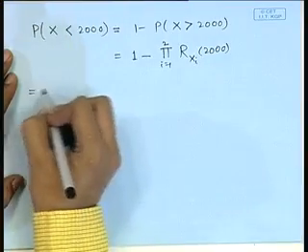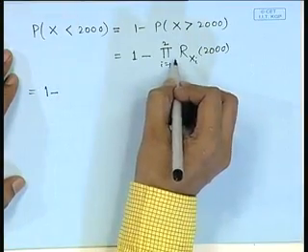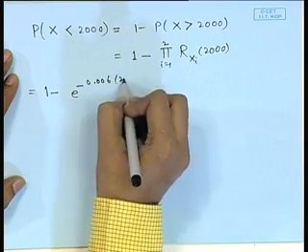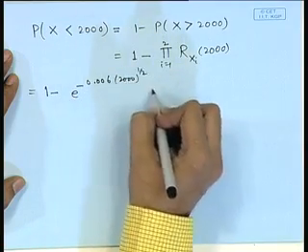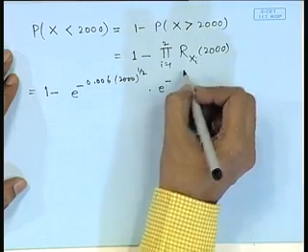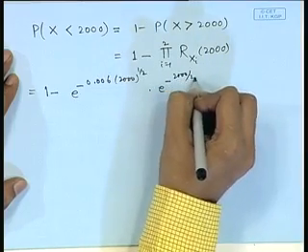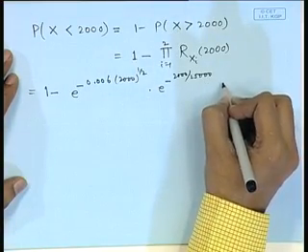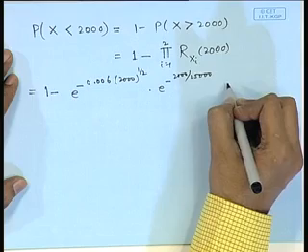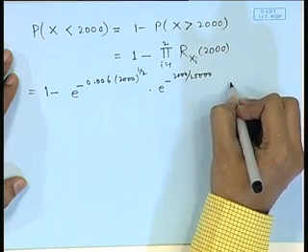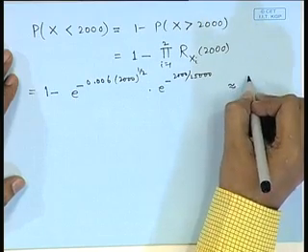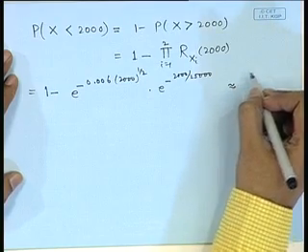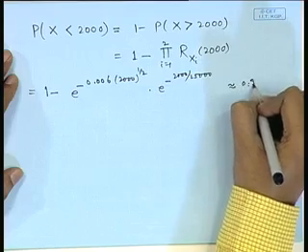So, we can substitute the values: 1 minus e to the power minus 0.006, 2000 to the power half, e to the power minus 2000 divided by 25,000. After some simplification, this value is approximately 0.98.